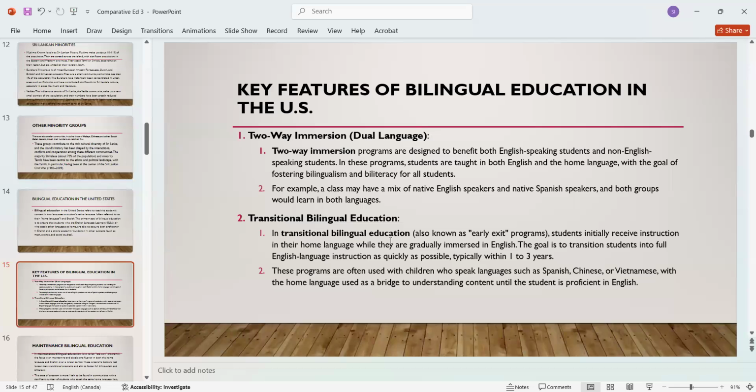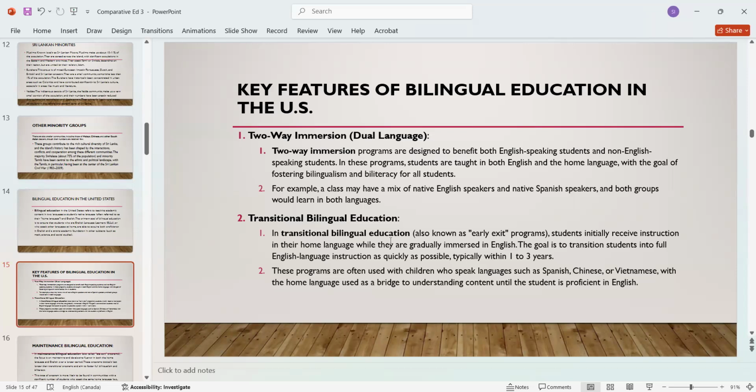So it is not an easy thing, right? If in a class there are 3-4 language speakers, they have to learn in that subject as well as English, right? That is two-way immersion, dual language.